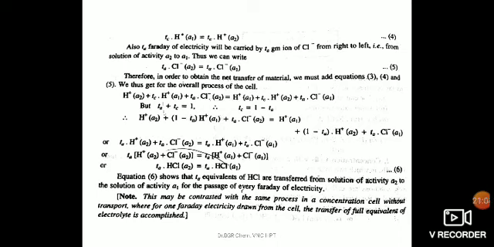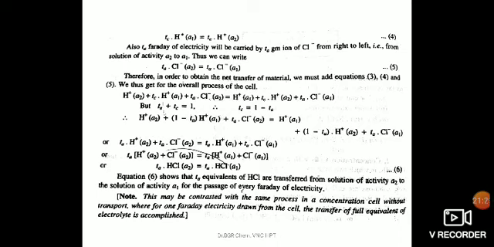So, adding equations 3, 4 and 5, we get H plus A2 plus Tc H plus A1 plus Ta into Cl minus A2 giving rise to H plus A1 plus Tc into H plus A2 plus Ta into Cl minus A1.